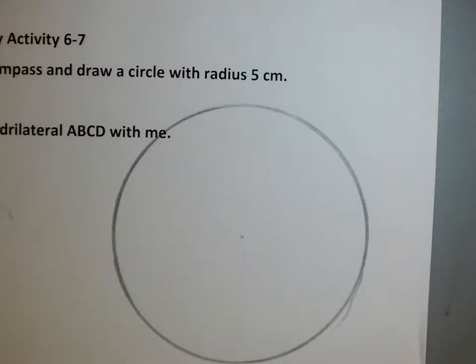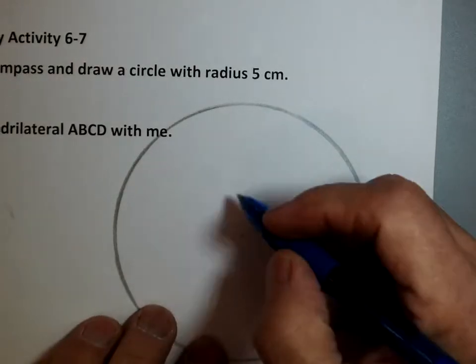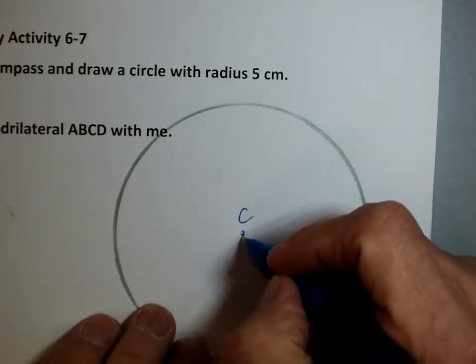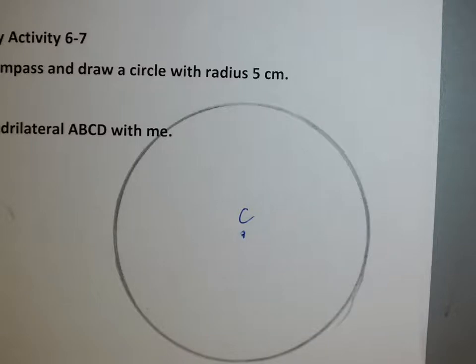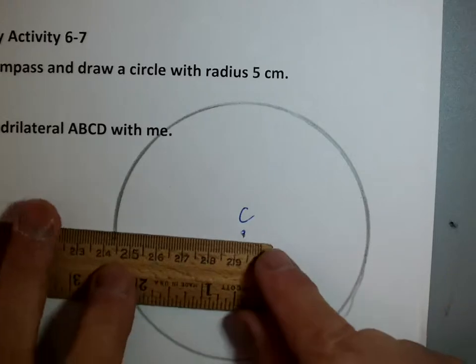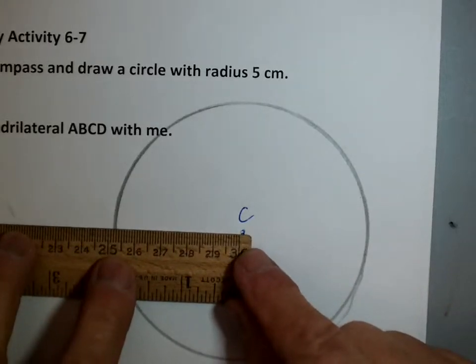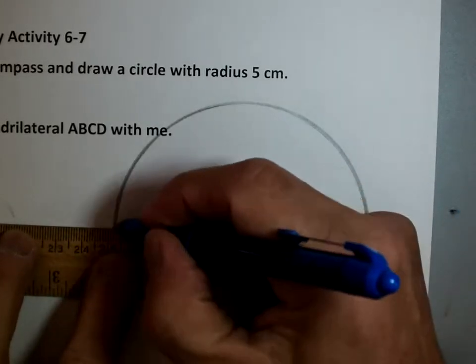I'm going to make some labels. I'm going to put C for the center right there. So grab a compass, draw a circle, radius 5, so it's circle C. In circle C, we're going to draw a quadrilateral ABCD. First of all, let's draw this radius here.